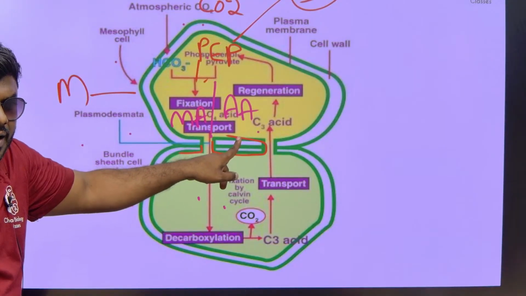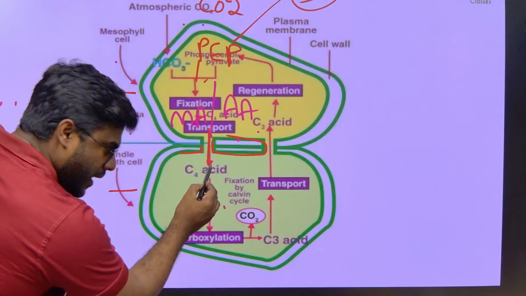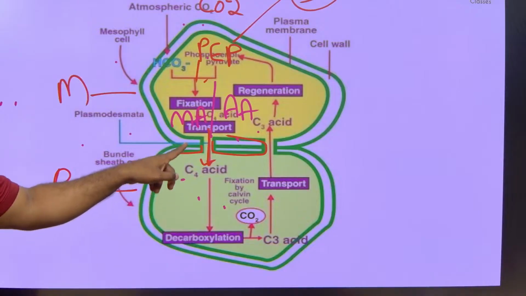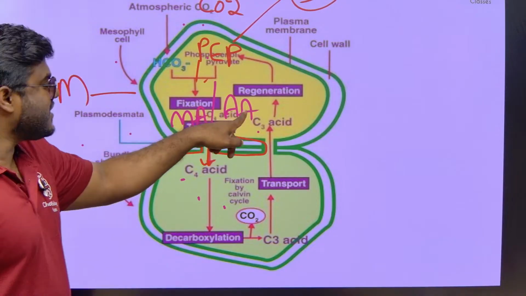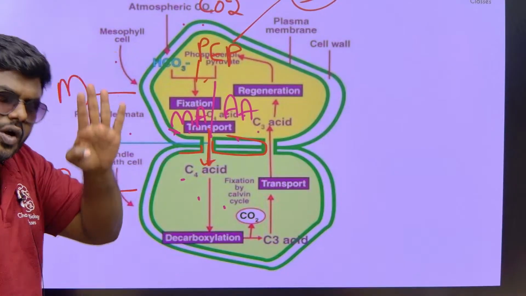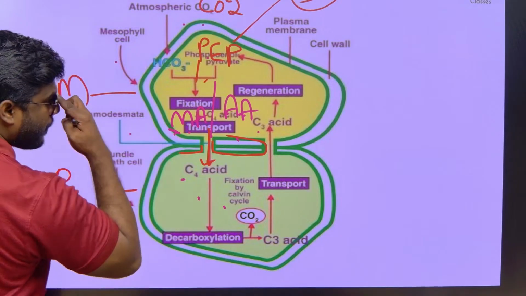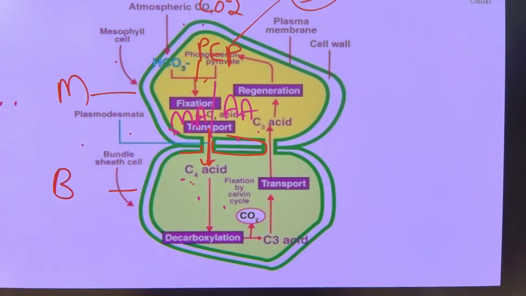You are getting the point? Then finally what is happening here? Malic acid enters into the bundle sheath cell. Very good. Malic acid is how many carbon? Oxaloacetic acid is how many carbon? 4 carbon. Oxaloacetic acid is converted into malic acid, that is also 4 carbon. Now malic acid entered which cells? Bundle sheath cells.